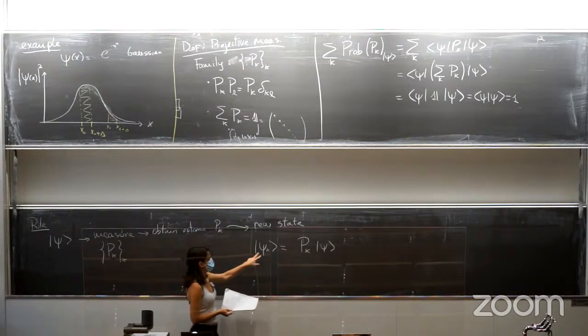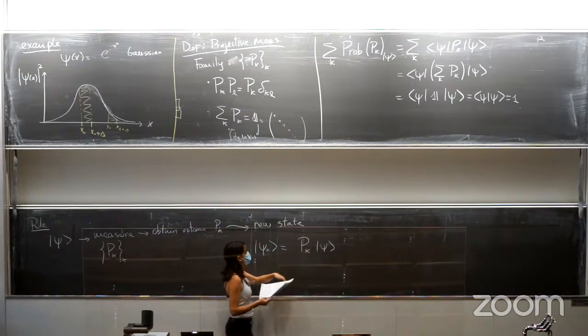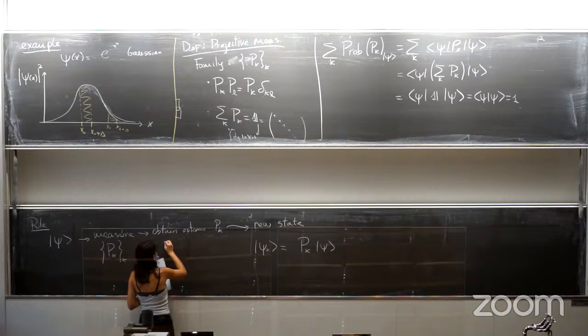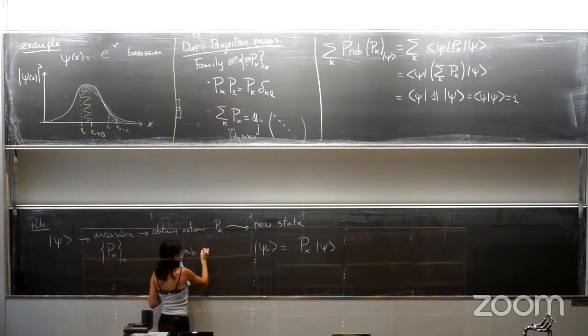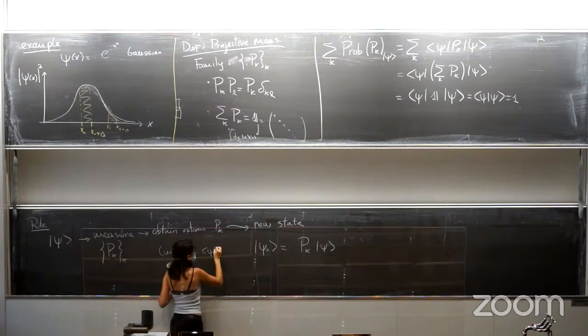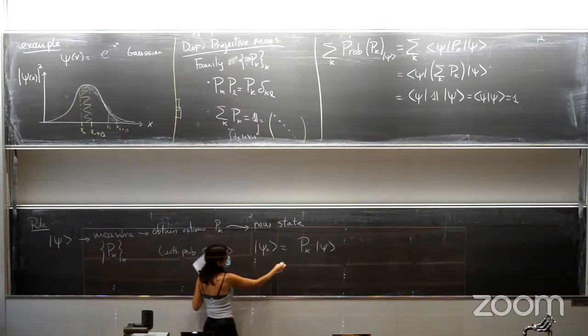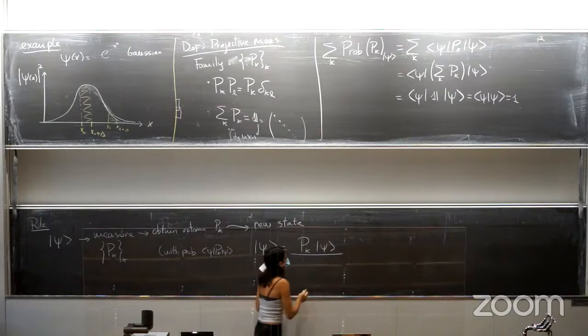Now, the problem is that this is not normalized. This happened with probability <psi|pk|psi>. So you need to normalize this state, which again does not change the physics.